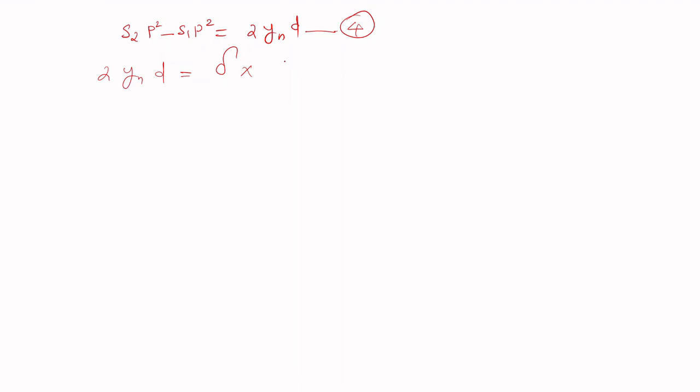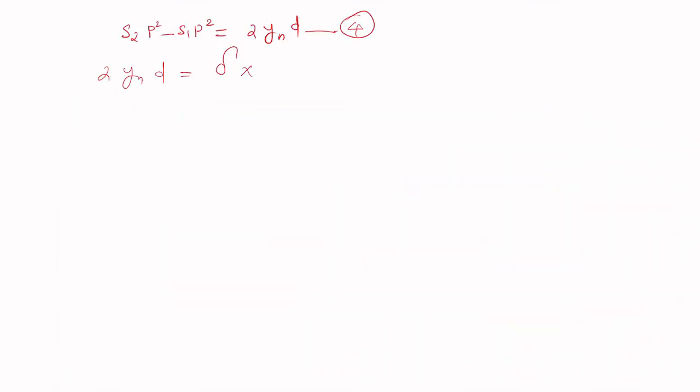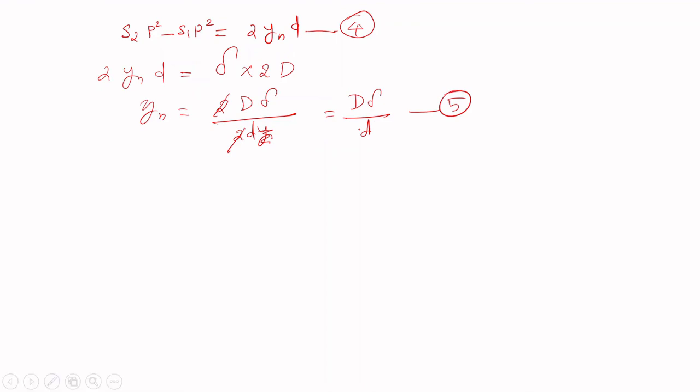S2P and S1P are very close to each other, almost parallel, so we can take S2P plus S1P as 2 times capital D. So yn is equal to 2D delta divided by 2d. So 2 gets cancelled, and this is D delta divided by d. This is our equation number 5, yn value.